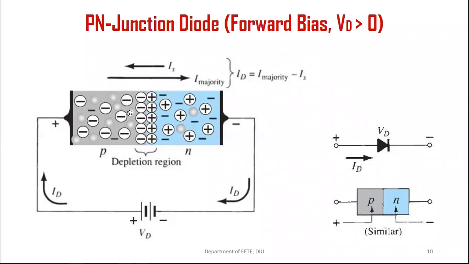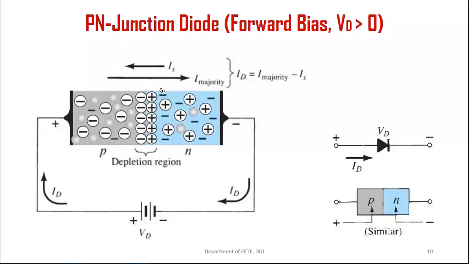And this negative terminal will pressure the electrons to move from right to left. So all the pressure is in the middle, so this depletion region will be thinner as we increase the voltage.